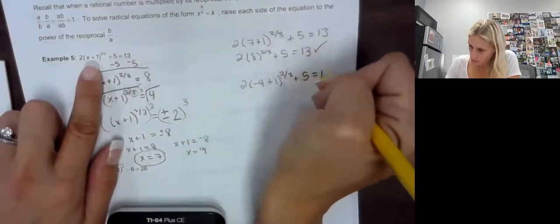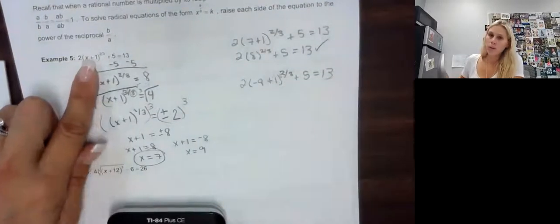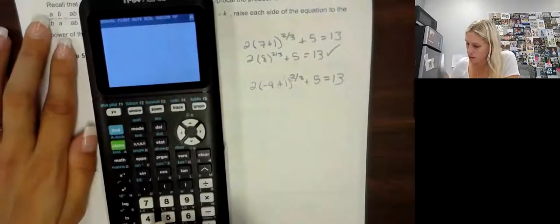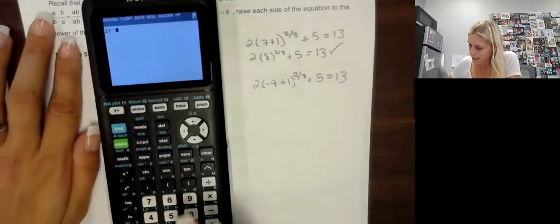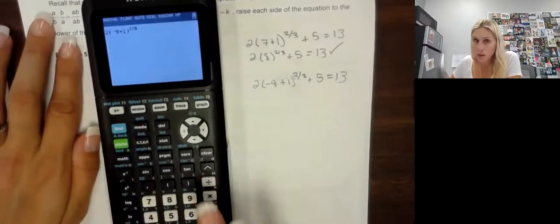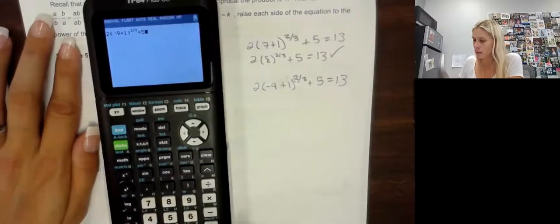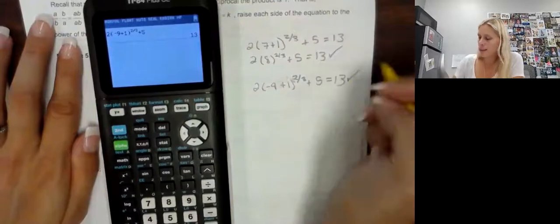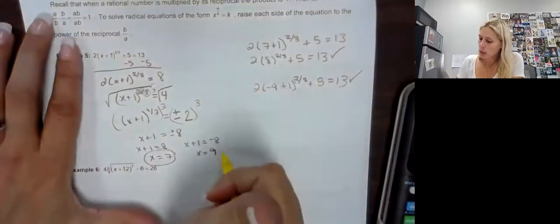Does that equal 13? So actually, if we wanted to, we could plug it in right here. 2 parentheses, -9 plus 1 to the 2/3 plus 5. Now, does that equal 13? Yes, it does. So in this case, we have 2 solutions.